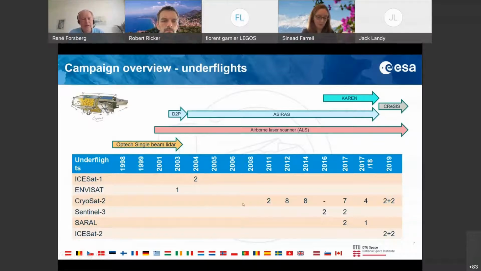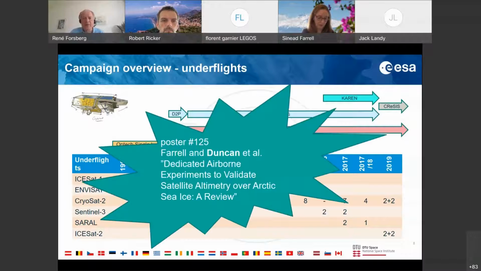We had Envisat underflight, and then a lot of CryoSat underflights over the later years. A couple of Sentinel flights, a couple of SARAL AltiKa flights, and then in 2019, two double IceSat underflights. And that was actually before Cryo2Ice. And there's more data on this in Farrell's and Duncan's poster number 125, where you see much more on the data here and how to do all this validation from both ESA CryoVEx and IceBridge.